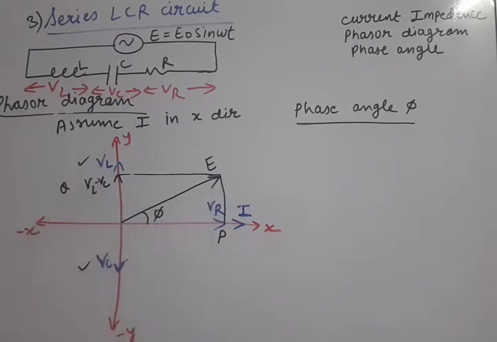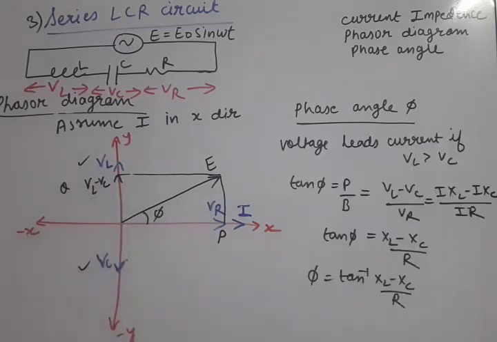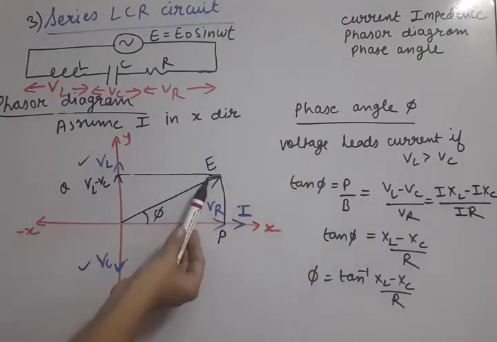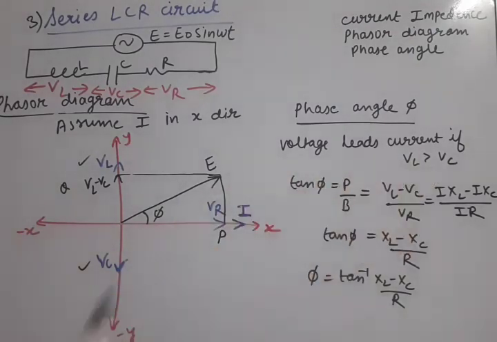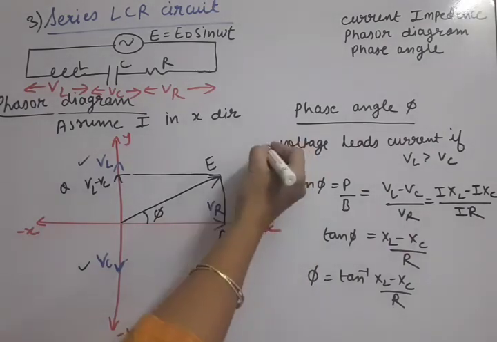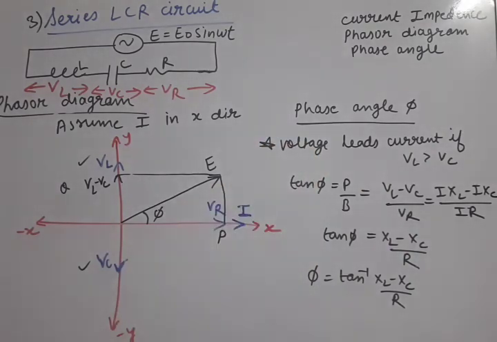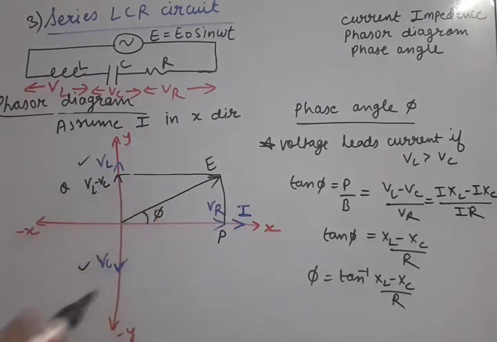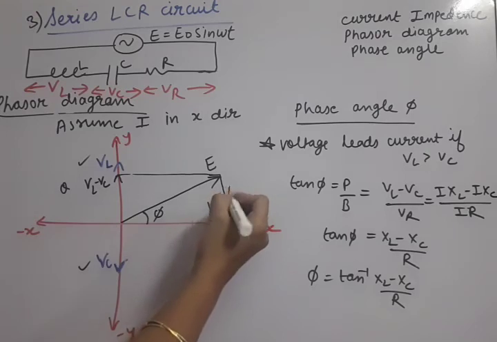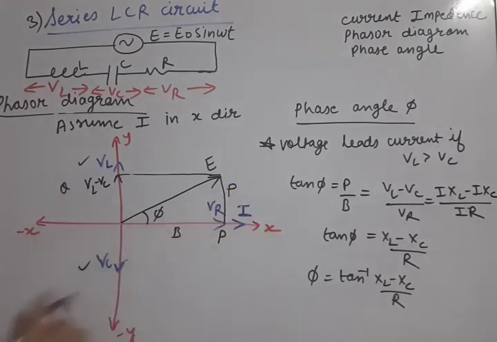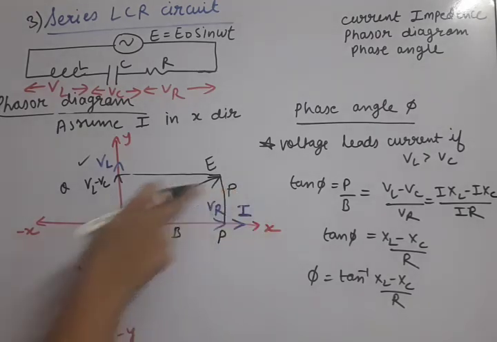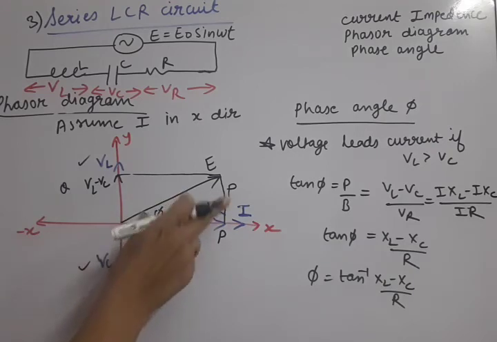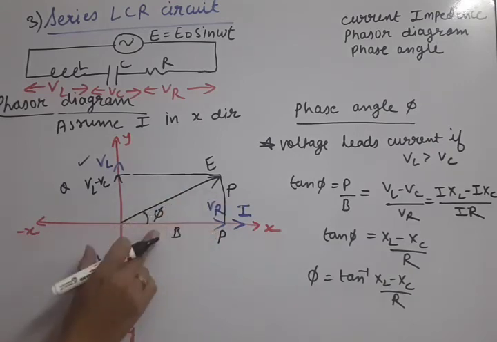We will take the help of tan phi. So voltage is leading current if VL is greater than VC, then only. Okay. And what is the tan phi value? Tan phi formula is perpendicular upon base. Perpendicular is that line which is in front of angle and base is that line which is with angle.